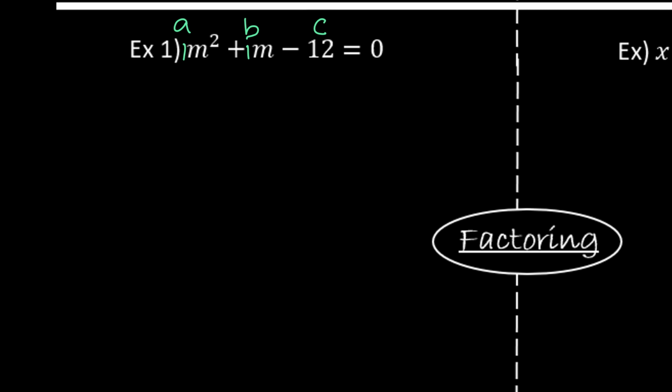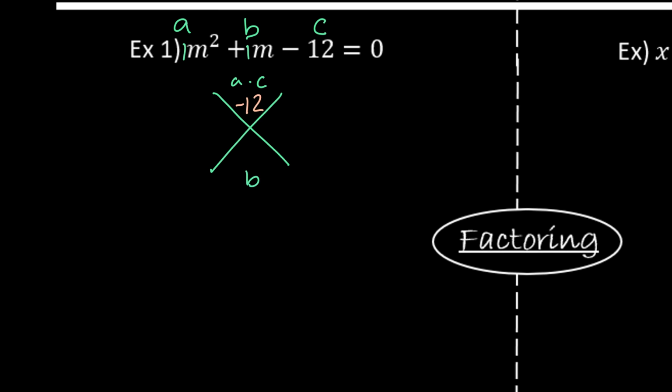Okay, so we're trying to factor. First thing you do is draw your x. And what goes up top? A times c, which is 1 times -12, which is -12. And then what goes in the bottom?